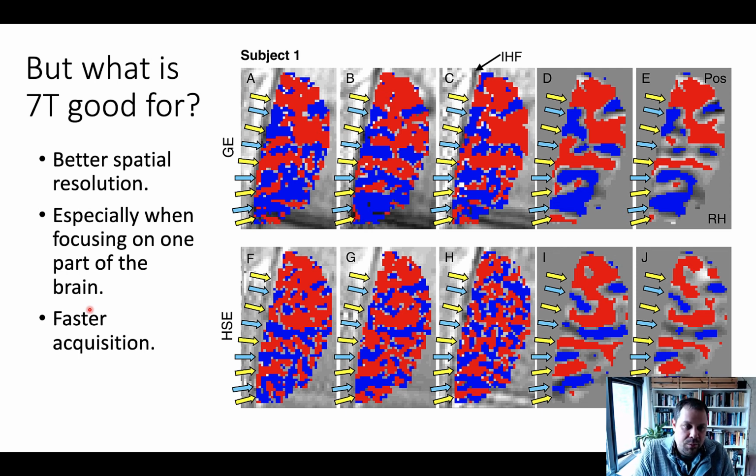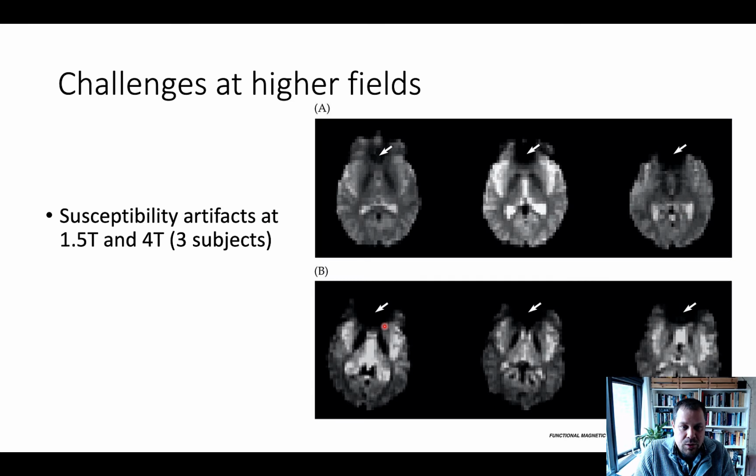Now, one of the problems is this is not always useful. So if you're looking at these very specific anatomical organizations, it's very useful. But if you're interested in, let's say, ventromedial prefrontal cortex, which we are, then the use of high field MRI may not be so large. So this is showing a scan at 1.5T and this at 4T for 3 different subjects.